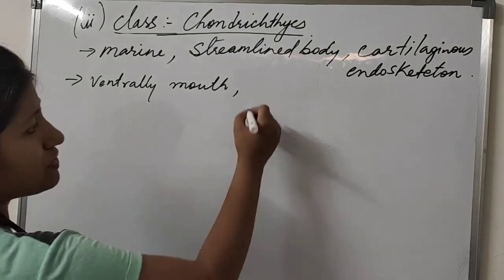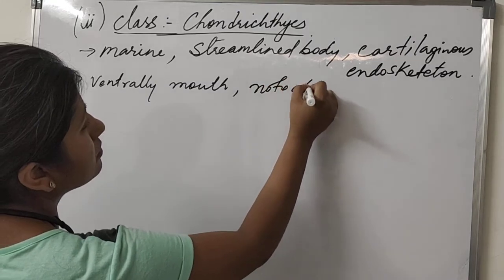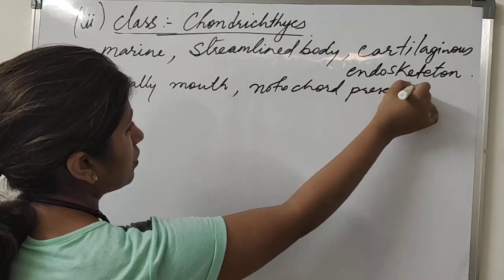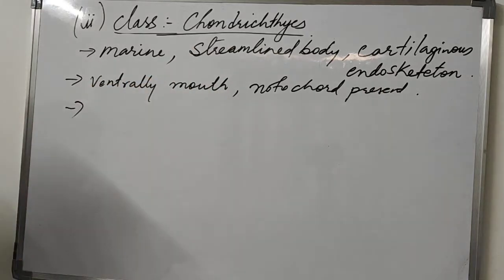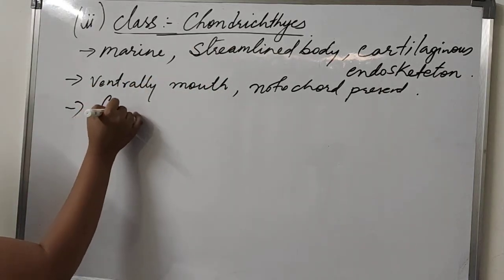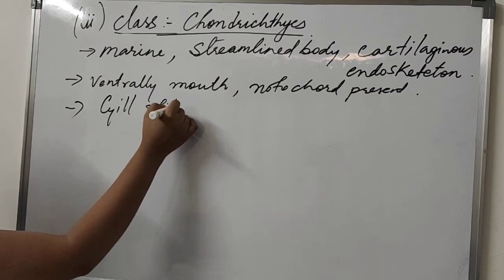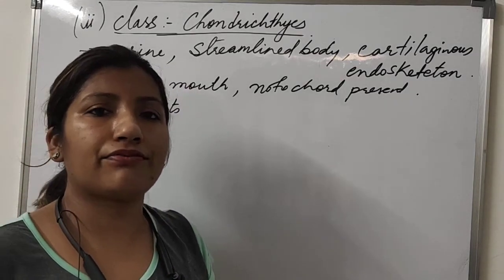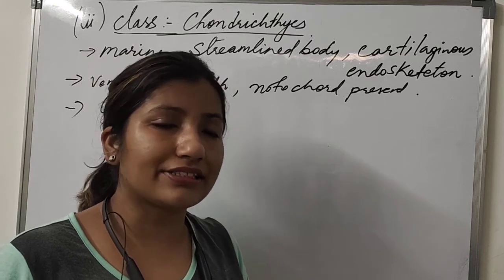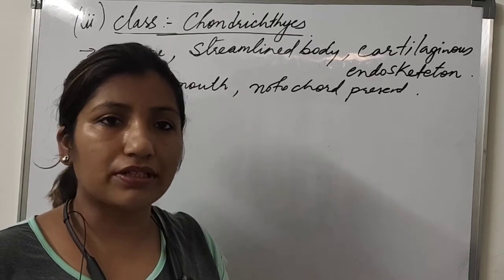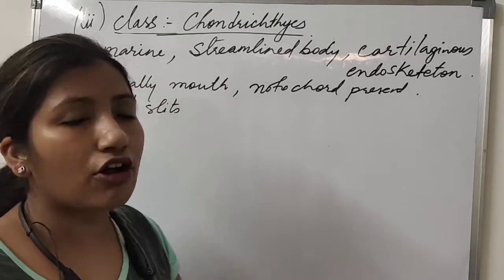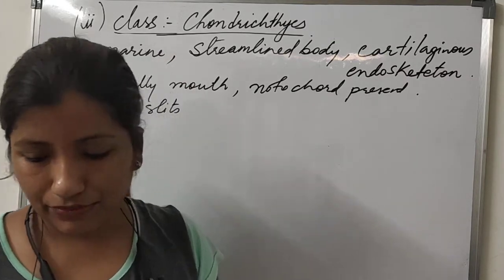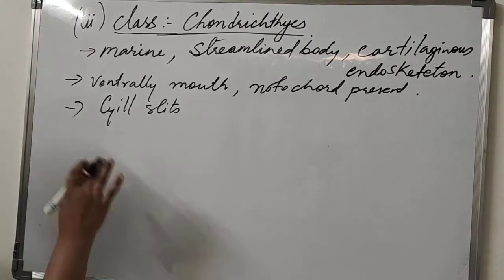They have notochord present, obviously, since they are vertebrates. Gill slits will be there, because the fundamental character of chordata is to have pharyngeal gill slits. If notochord and gill slits are not present, they don't come under chordata. These are the basic characteristics they should have.